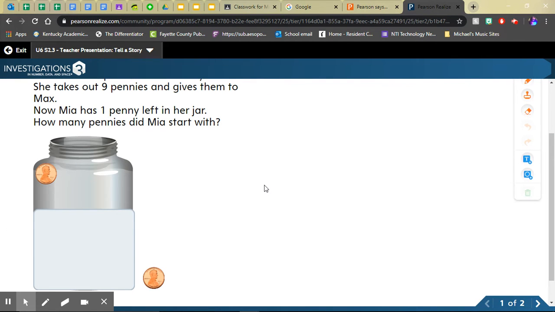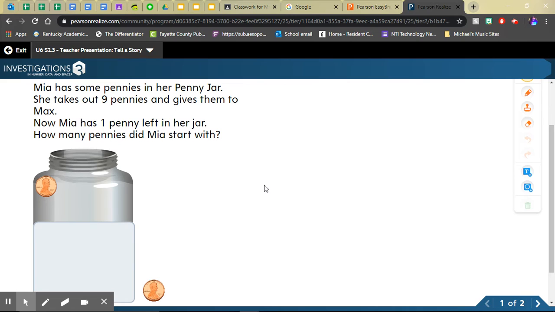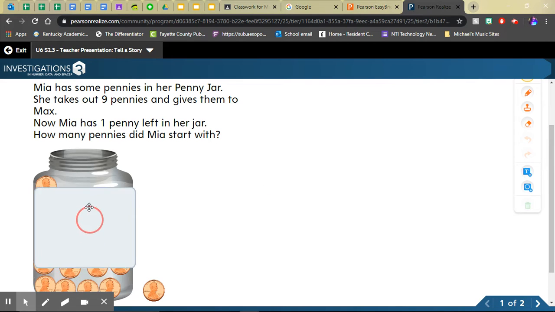For today, we're going to start with a little bit of review on investigations by doing a story problem. So Mia has some pennies in her penny jar. She takes out 9 pennies and gives them to Max.